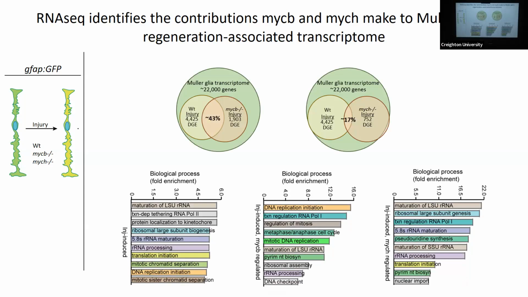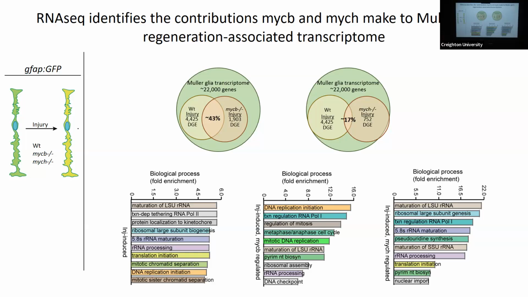MYC-B is controlling 43% of the genome. So basically, we're taking our wild type and mutant fish, doing RNA-seq, and we're just comparing the genes, and the injury responsive genes in the MYC mutant fish that get dysregulated is almost half of the transcriptome. MYC-H affects about 17%.